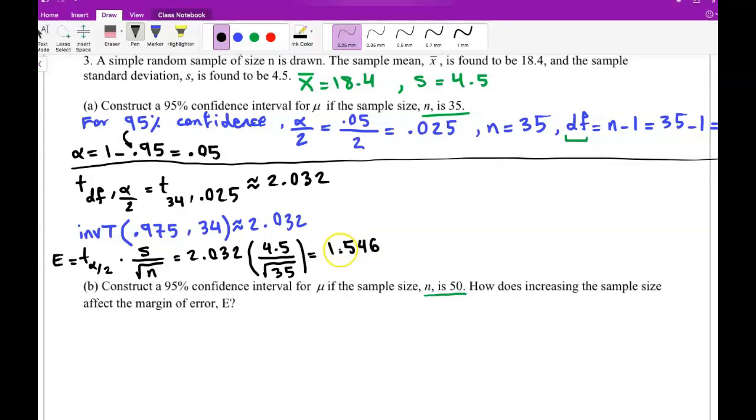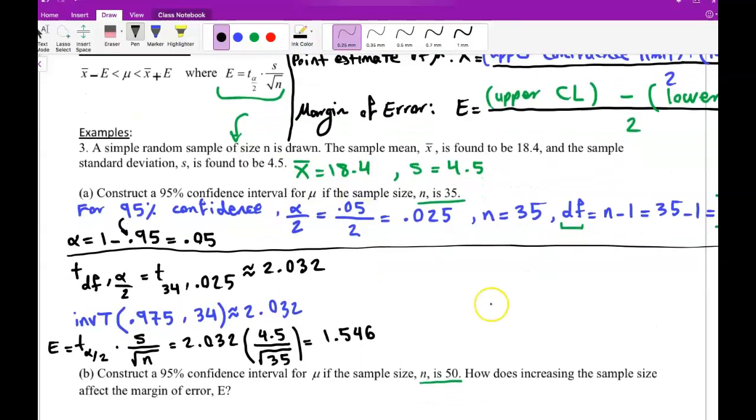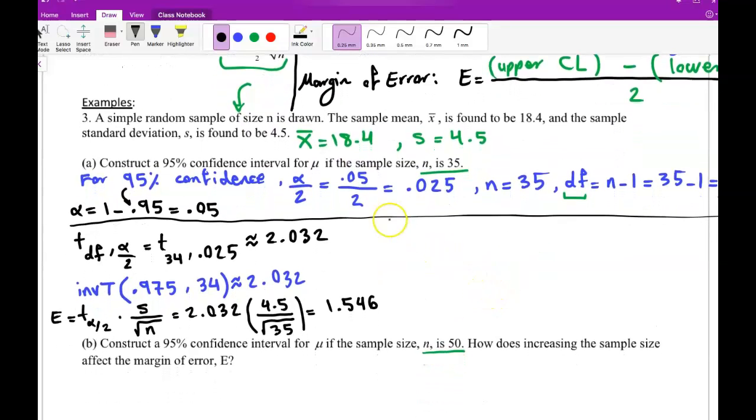Okay, after that, I want to find this confidence interval, this one. So confidence interval.